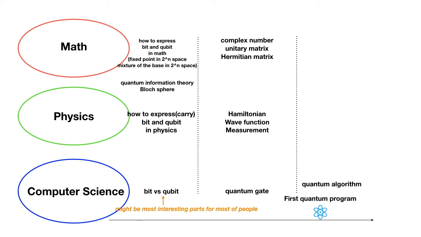More tasks come to the domain of computer science, such as how to program, how to debug, and how to write a fault-tolerant program. The main task for computer science at this step may be how to combine classical and quantum algorithms to see if there are further improvements if we use a quantum algorithm somewhere.